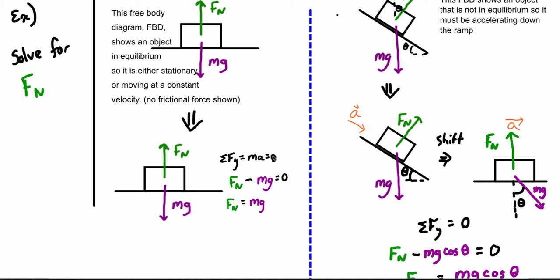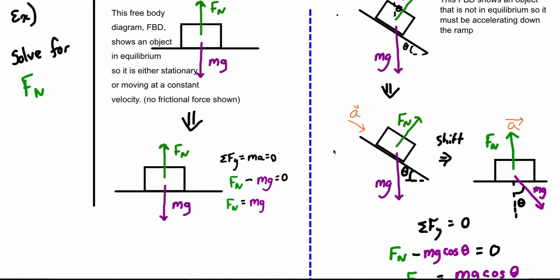But since I'm not accelerating, the mass times acceleration is 0. So when I sum my forces, I have a positive normal force and a negative weight or gravitational force, if we're saying up is positive and down is negative. So when I isolate the normal force, it is equal to the weight of the object.